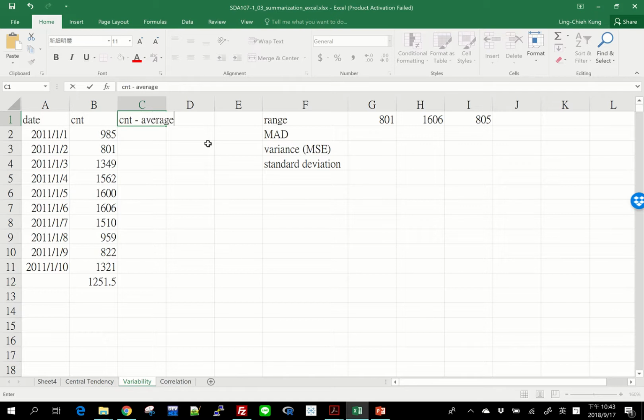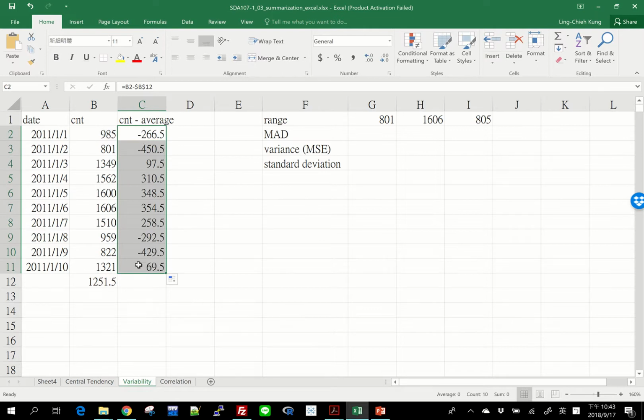So I'm going to use CNT minus the average value. Of course here for B12, because I know later I'm going to copy and paste those formulas, I'm going to fix the two dimensions. So I get all these values as the deviation.